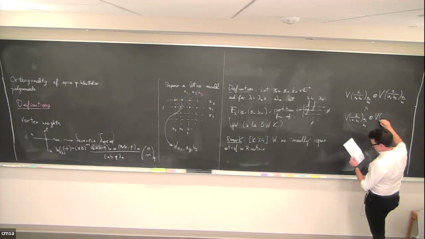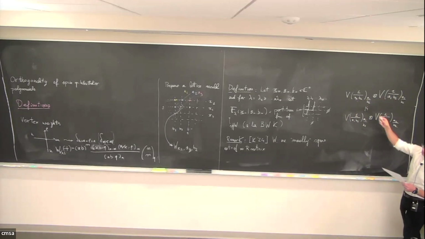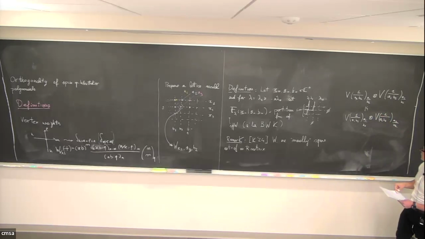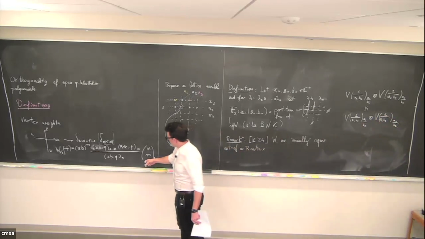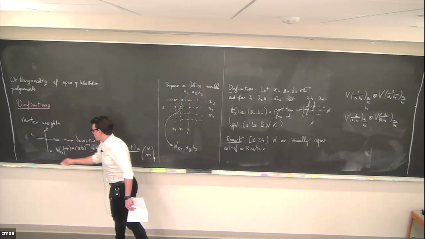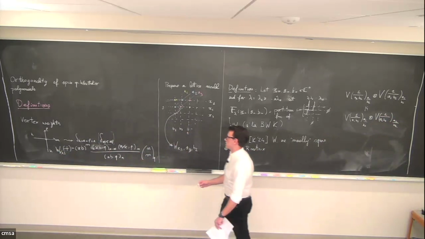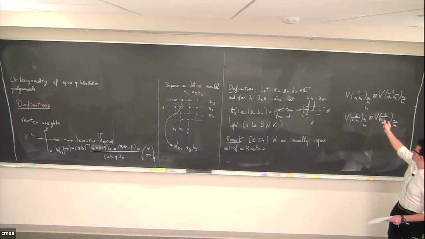And here we have V 1 over A2 B1, A2 over B1. So only the B's have been swapped. And so there exists an isomorphism, and the matrix elements of this isomorphism are given by these vertex weights with an appropriate choice of parameters x, a, and b.